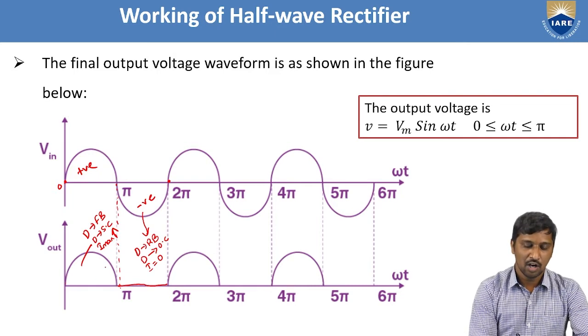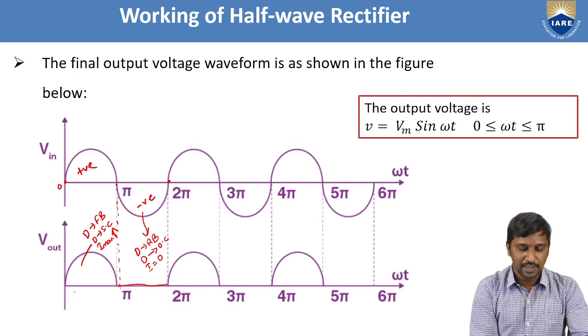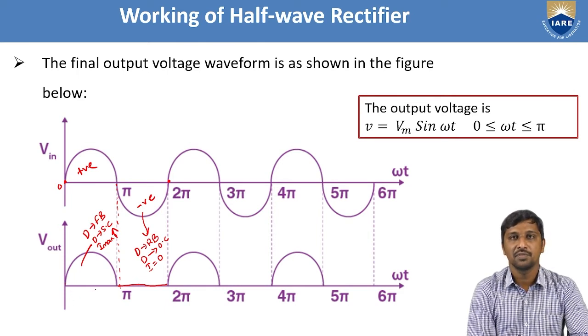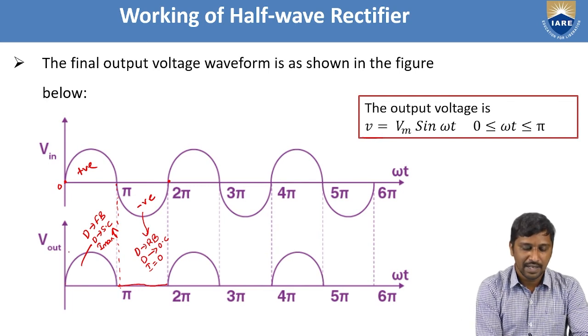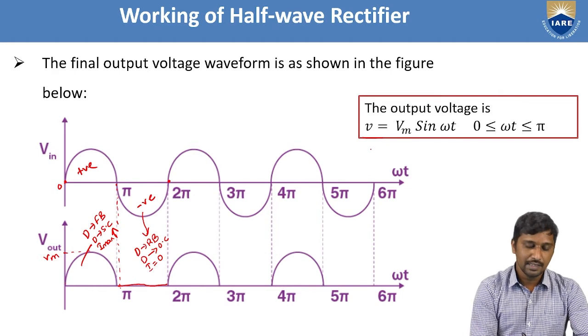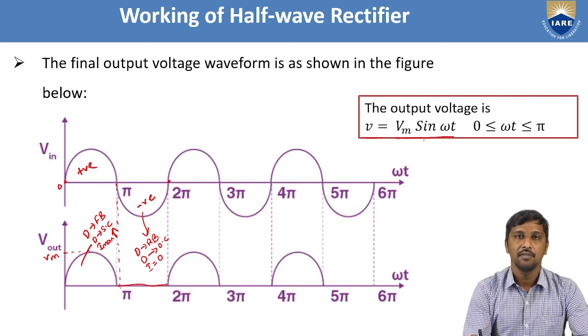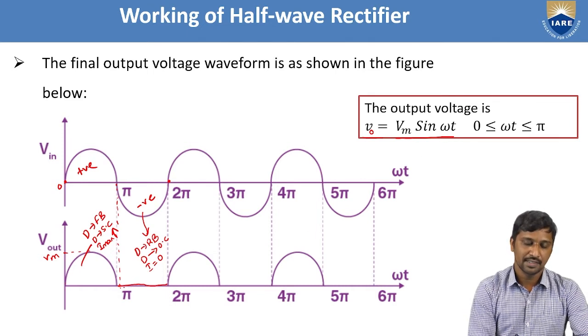So from this, how do we write the output voltage? The output voltage contains only one portion of the given input signal. Hence, the output voltage is represented with the same magnitude Vm, linearly changing with respect to time. The output voltage V naught is equal to Vm sine omega t, but we have two different output cases.